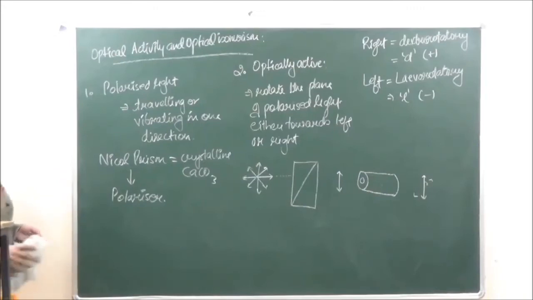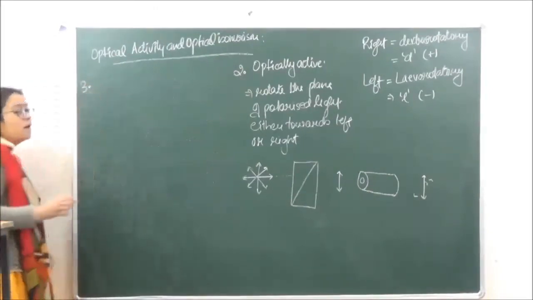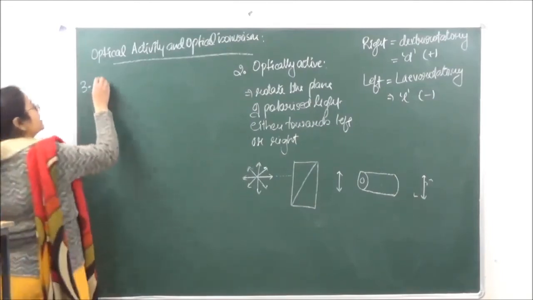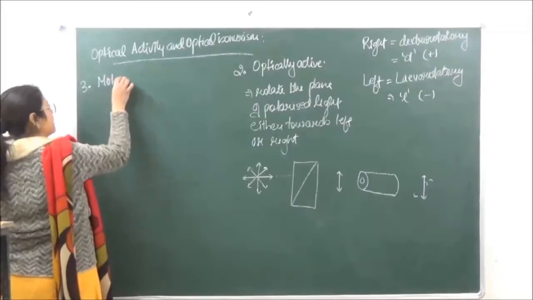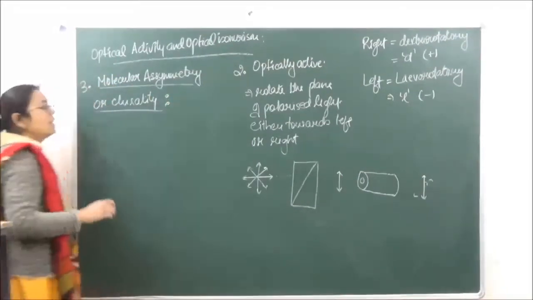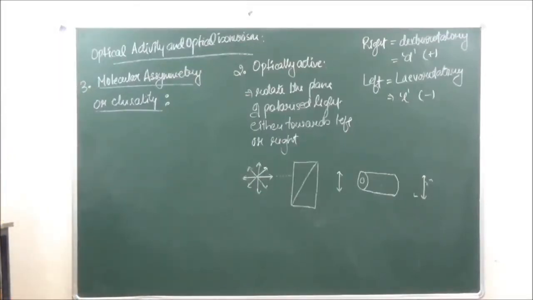The next term which you should know, the third term, is molecular asymmetry and chirality. Now what do we understand by this term?